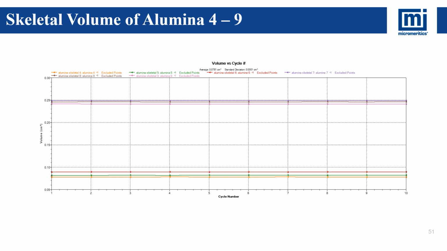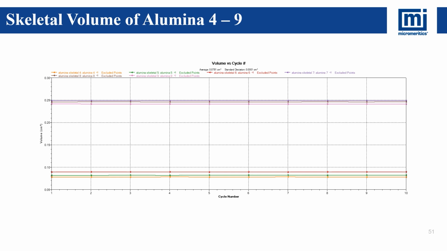Now, each analysis involved 10 test cycles, and so we see cycles 1 through 10 results here for the 6 alumina samples. 3 of those, for samples 4, 5, and 6, we see values a little bit less than maybe 0.09 cubic centimeters. Very close agreement between the samples, very nice repeatability. For the other 3, we see values of about 0.25 cubic centimeters, that being for samples 7, 8, and 9.